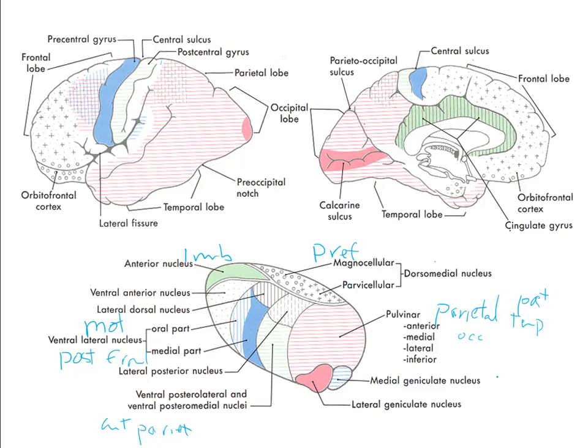The medial geniculate is going to go to the superior temporal gyrus. And the lateral geniculate is going to go back out to Brodmann area 17 on the medial occipital. So we've got limbic, frontal, parietal, more posterior parietal, and occipital as you go from anterior to posterior along those slices of the thalamus.